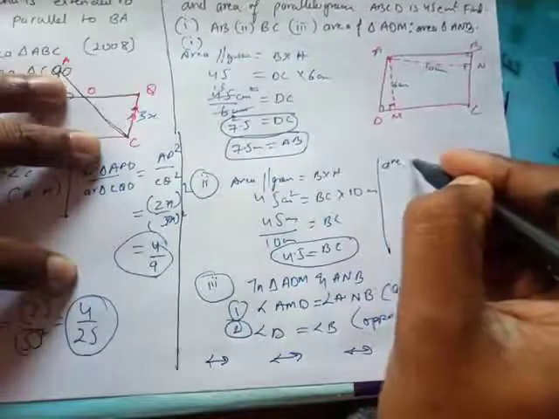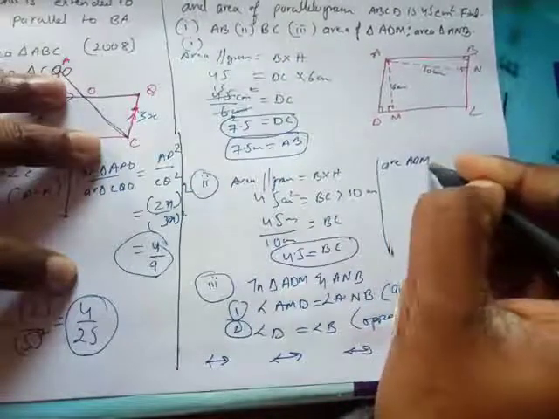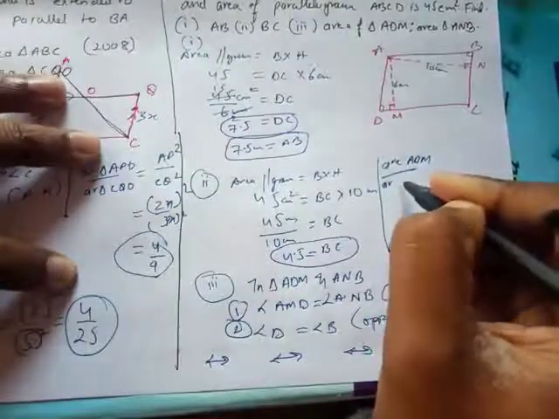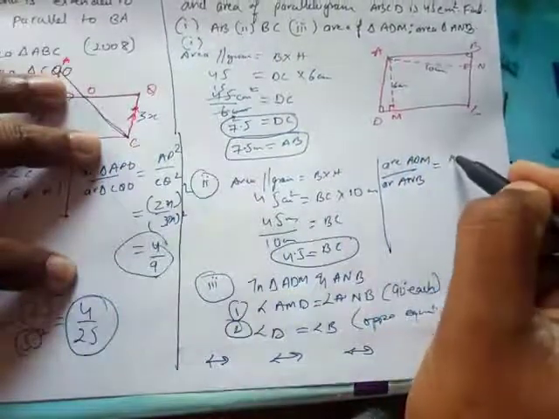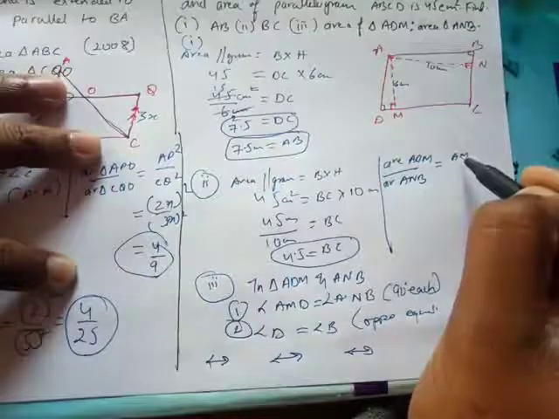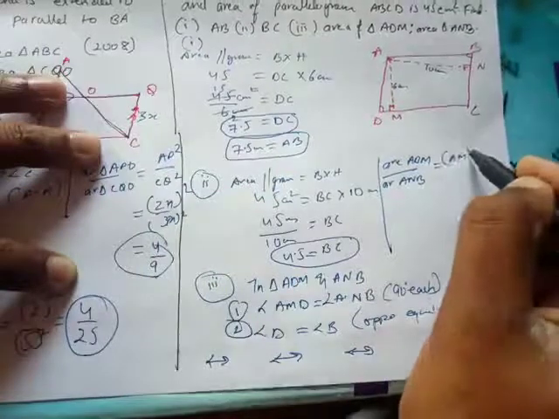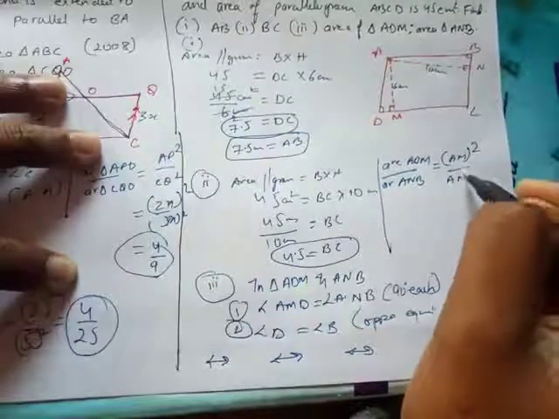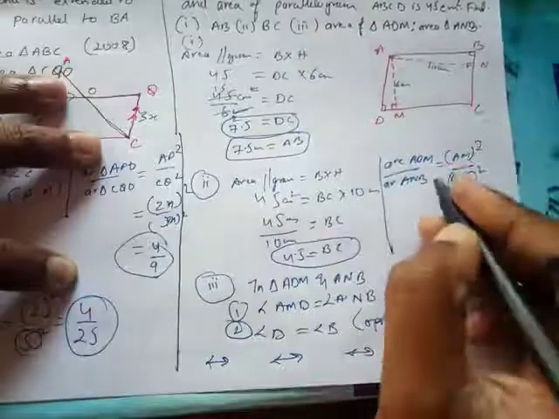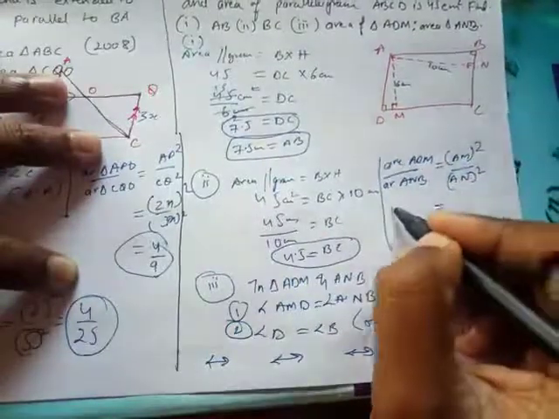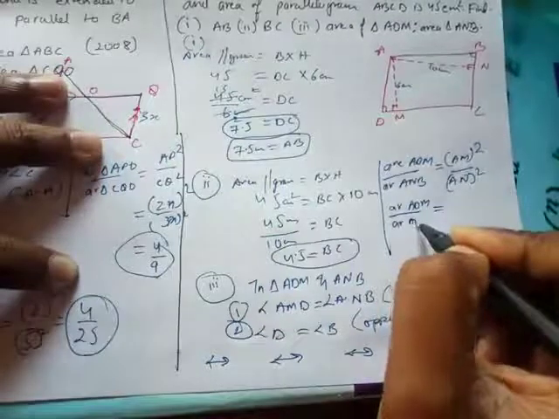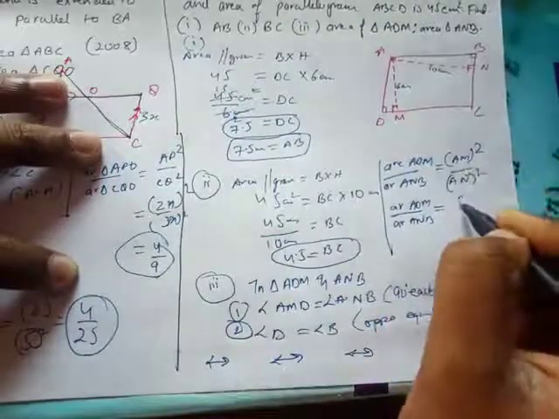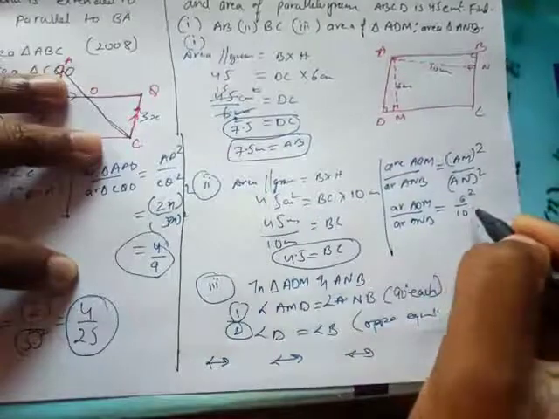Area of ADM upon area of ANB is equal to the square of the heights, AM squared upon AN squared, that is 6 squared and 10 squared.